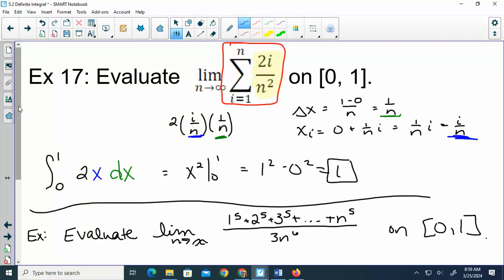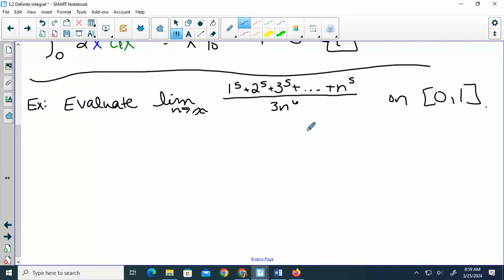Probably. Let's see. So what is the change in x going to be? Yep. Change in x is our 1 over n. And then our x sub i is the starting point plus the change in x times i.